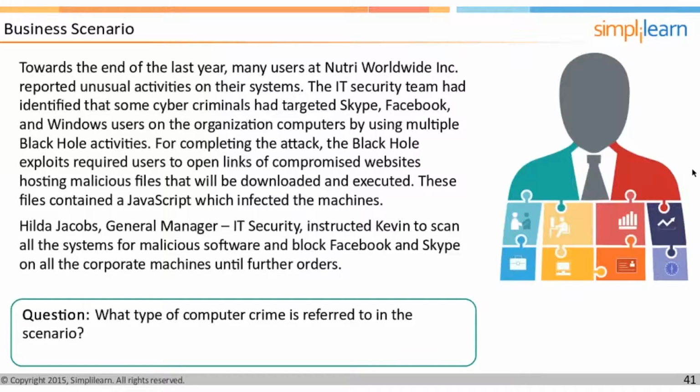For completing the attack, the Blackhole exploits required the users to open links for compromised websites hosting malicious files that will be downloaded and executed. These files contained a JavaScript which infected the machines. Hilda Jacobs, General Manager IT Security, instructed Kevin to scan all the systems for malicious software and block Facebook and Skype on all the corporate machines until further orders.